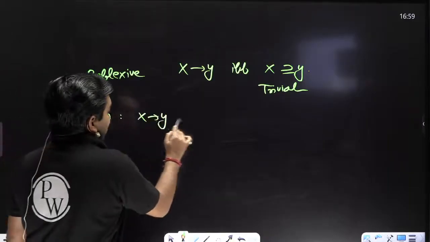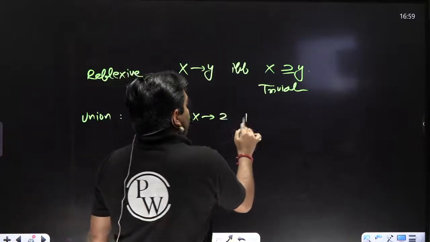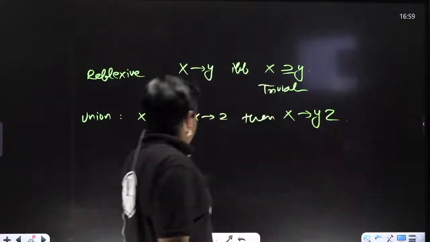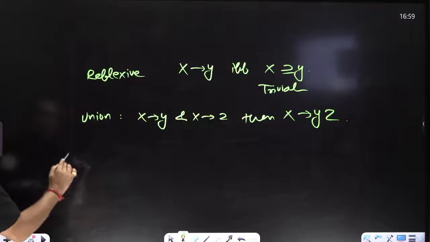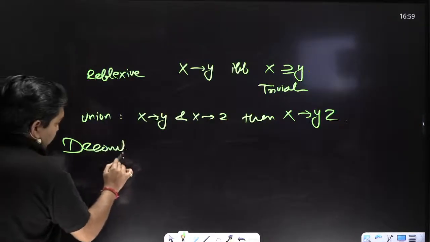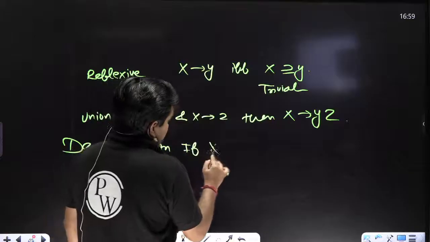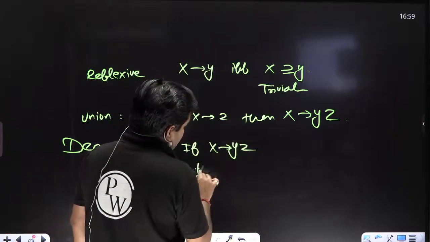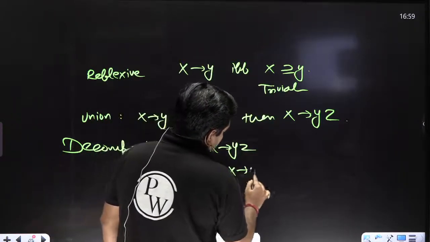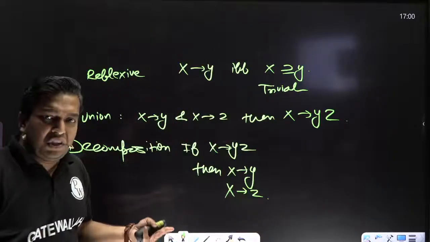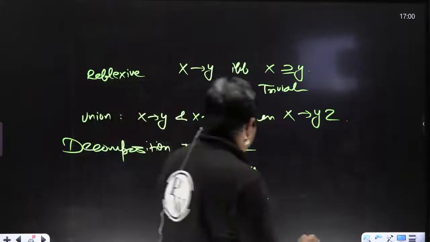If X to Y and X to Z, then X to YZ. Decomposition: if X to YZ, then can we say X to Y and X to Z? Are you getting my point? And then transitivity.